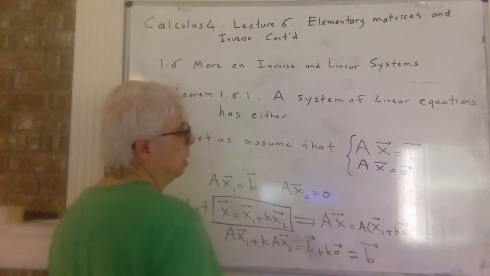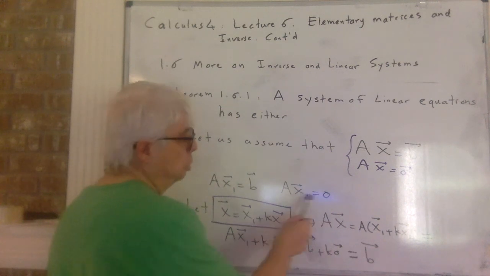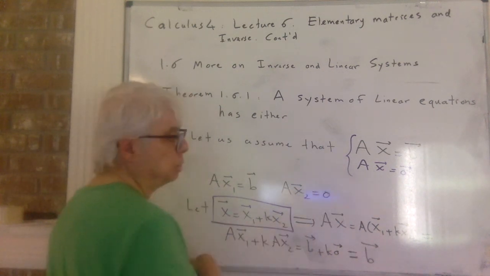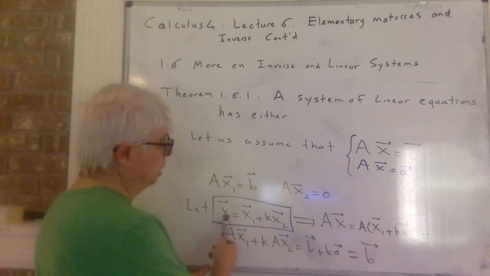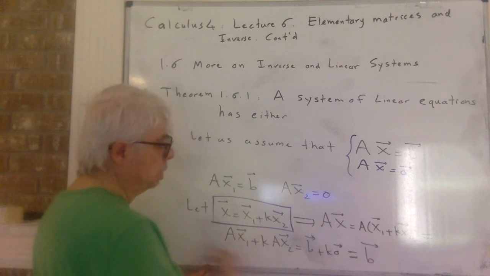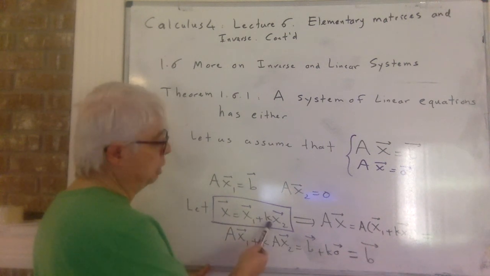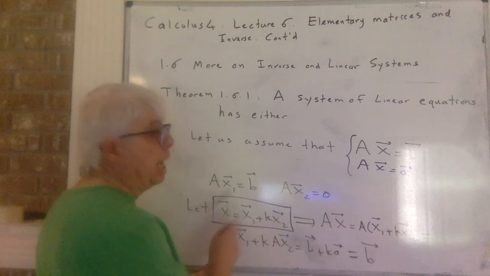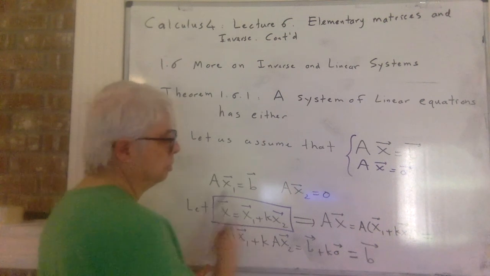Then I find one solution to this equation, call it x2, then I add x1 to some constant times x2, and I show that this new vector is another solution. This k is arbitrary, so it can be any real number. Therefore, by changing the k, I have infinitely many solutions.